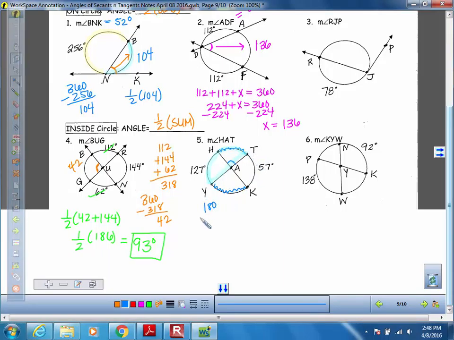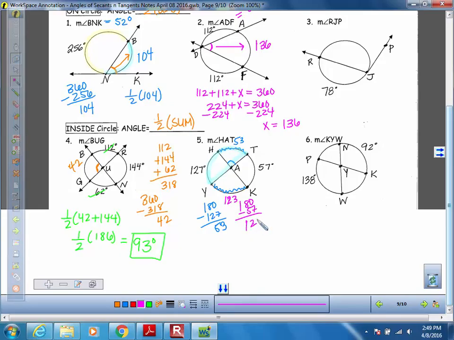So if I did 180 minus 127, that would give me 53. So this piece would be 53. And then you could do the same thing here because this is half a circle. So 180 minus 57, and that would give you what? 123. Thank you.